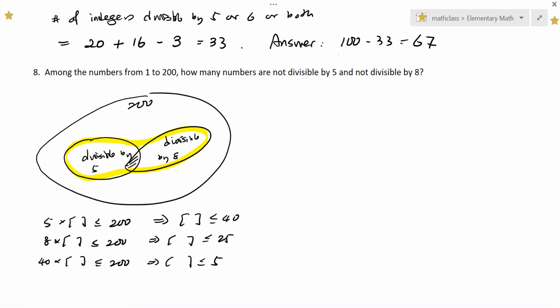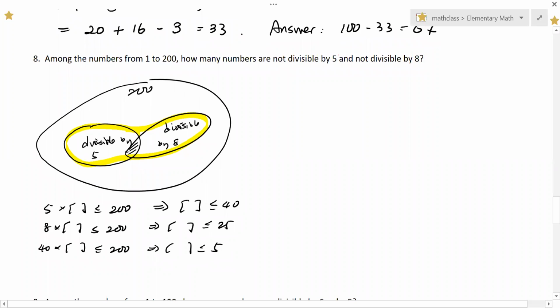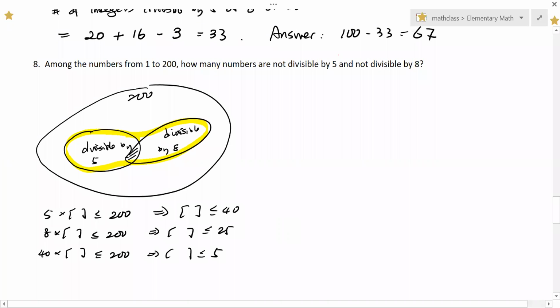So the total number of integers divisible by 5 or 8 or both is going to be 40 plus 25.